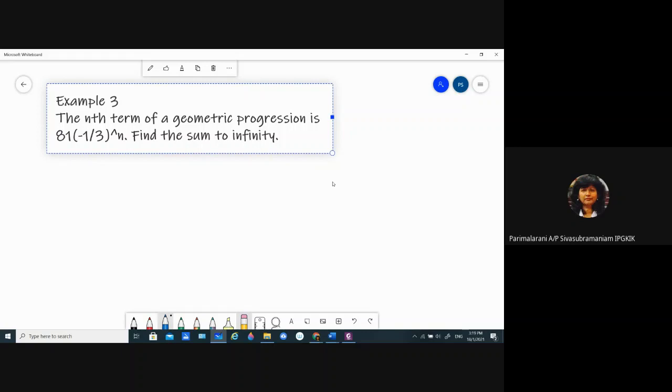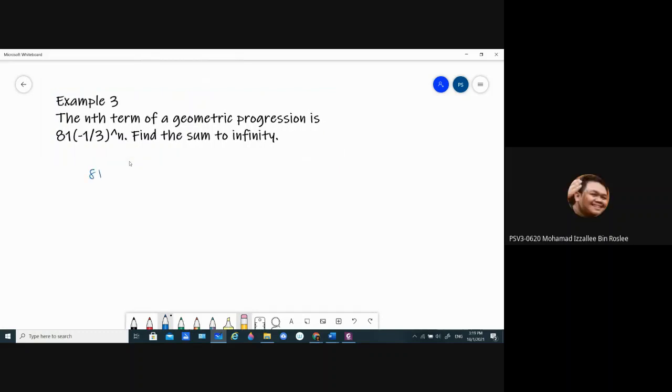Okay, how do we do this? The nth term of a geometric progression is given. Let's write it out properly: it's 81 times negative 1 over 3 to the power of n.